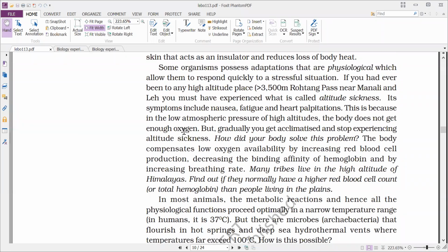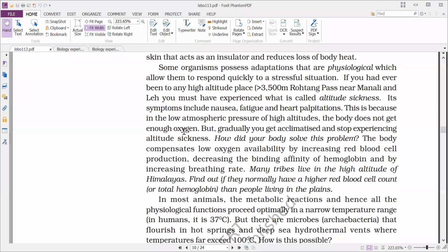Some organisms possess physiological adaptations, which allow them to respond quickly to a stressful situation. That means some organisms undergo physiological changes so that they can adjust their body very quickly according to stressful conditions.